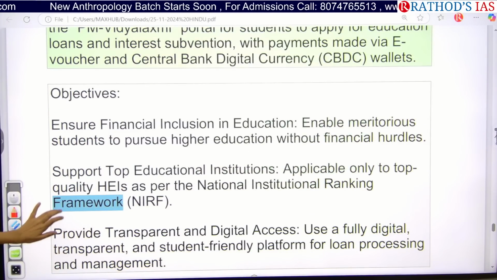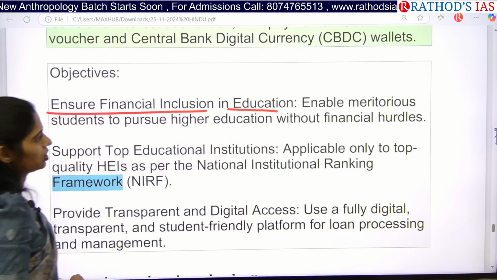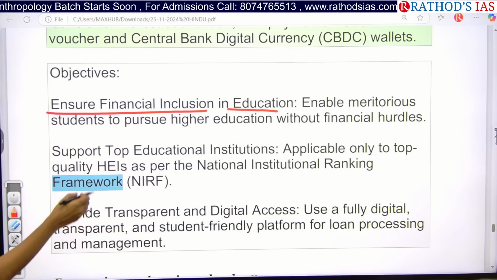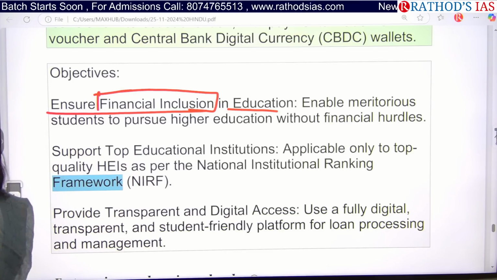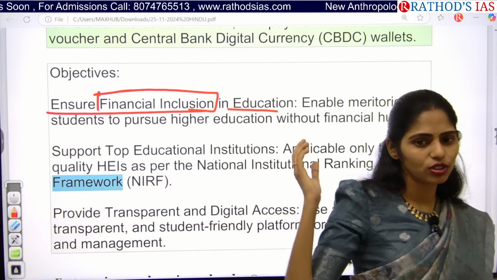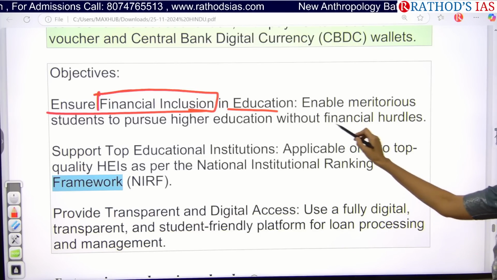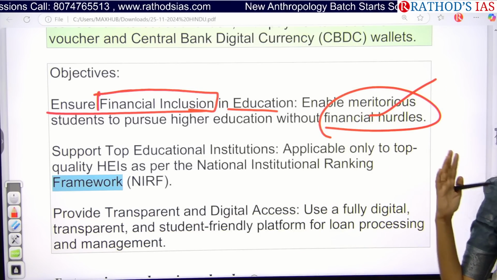And what are the objectives? The first one is to ensure financial inclusion in education. Why do we need financial inclusion? Just because of finance, we should not prevent students from getting education. So we want to remove this financial hurdle so that they continue their higher education.